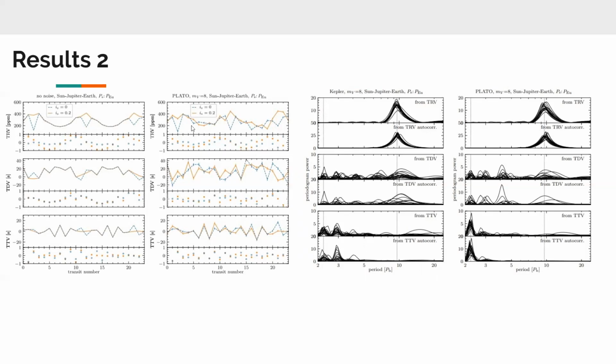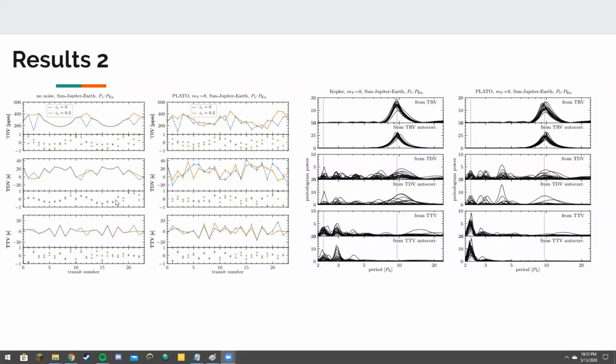Oh, and it's also important to note that these observations with the noise assume a star with a bright magnitude of around 8. So these stars are assumed to be very bright. Okay, so in these plots on the left, we can kind of see a sort of periodic fluctuation here.